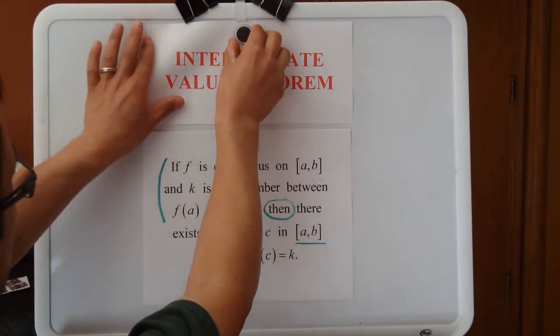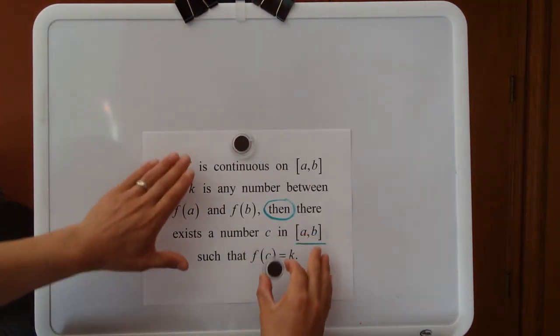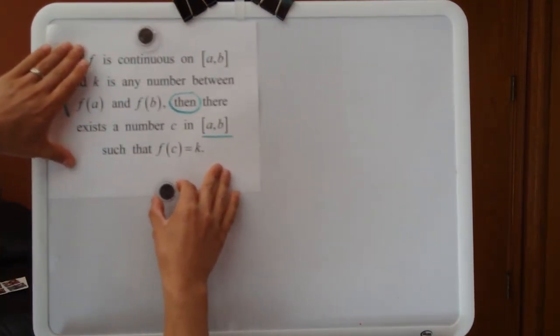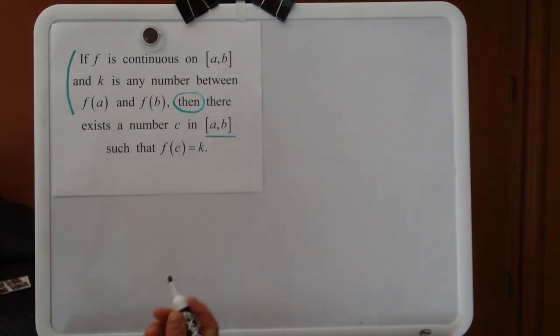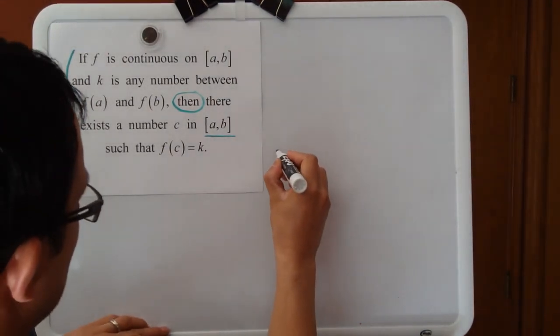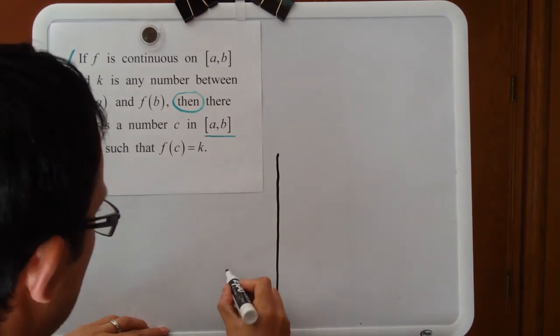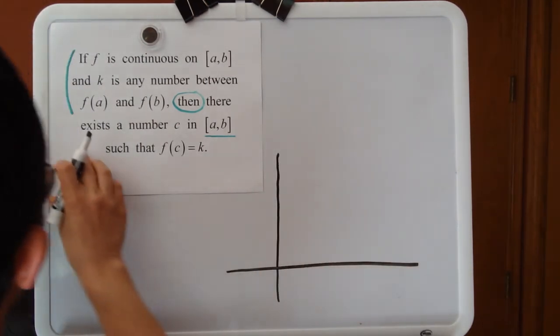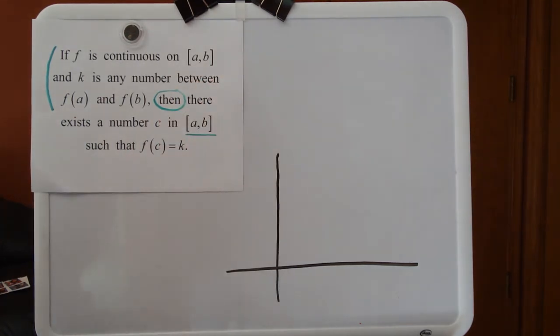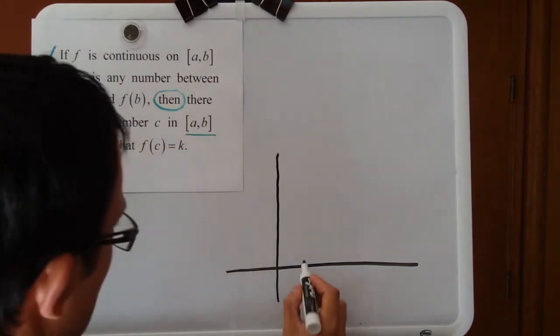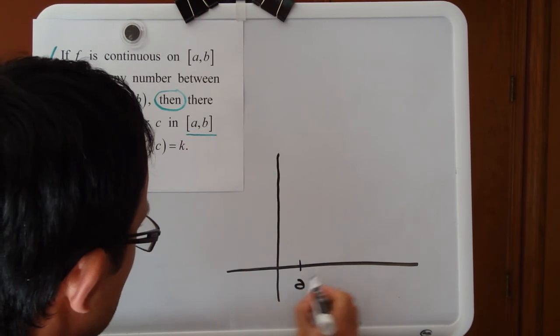So I'm going to leave the theorem up here and just draw a diagram so we can see what's happening. So I'll put the diagram right here. Okay, so the function f is continuous from a to b, so I'm going to keep this nice and simple.